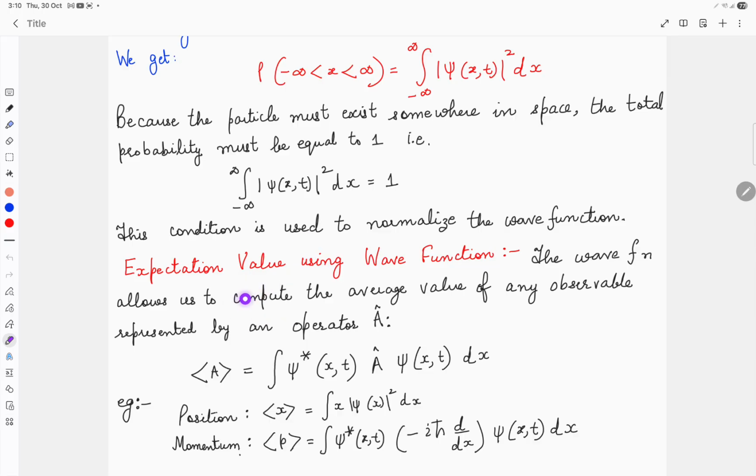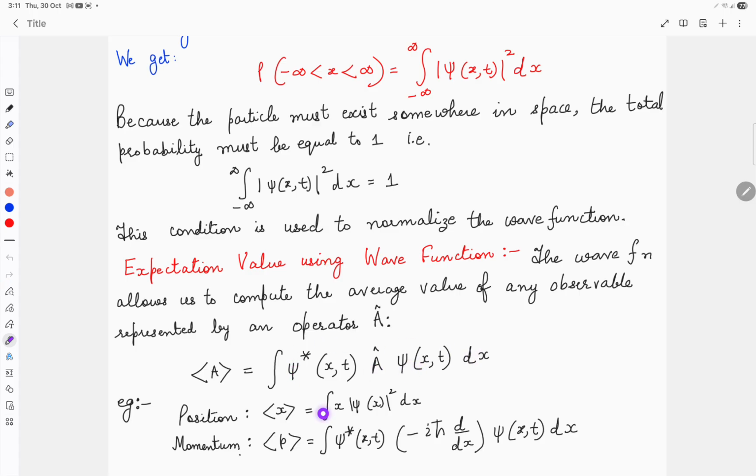Now we can also find the expectation value using the wave function. The expectation value of an operator A is given by the integral of the complex conjugate of the wave function, times the operator A, times the wave function. That means psi star A psi, and you take the integral.